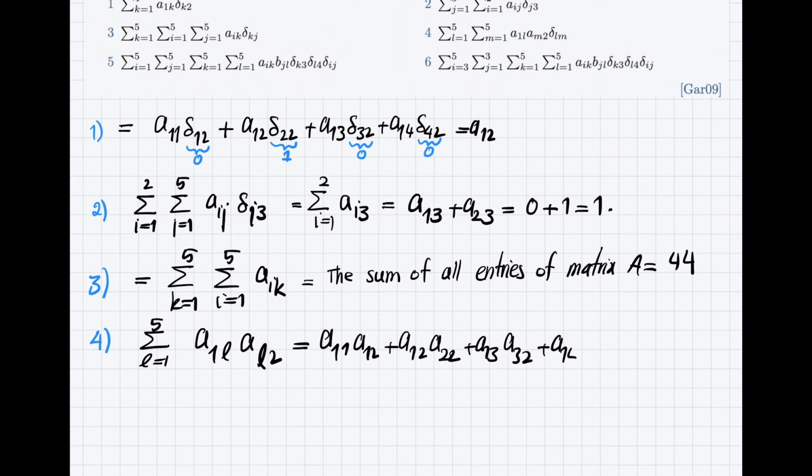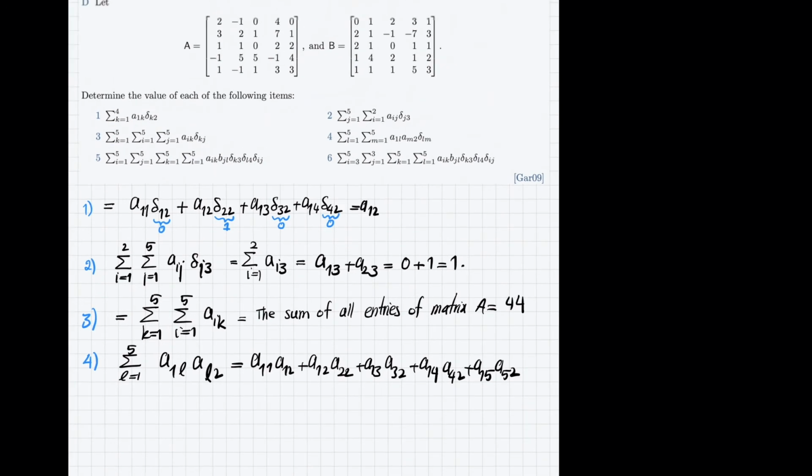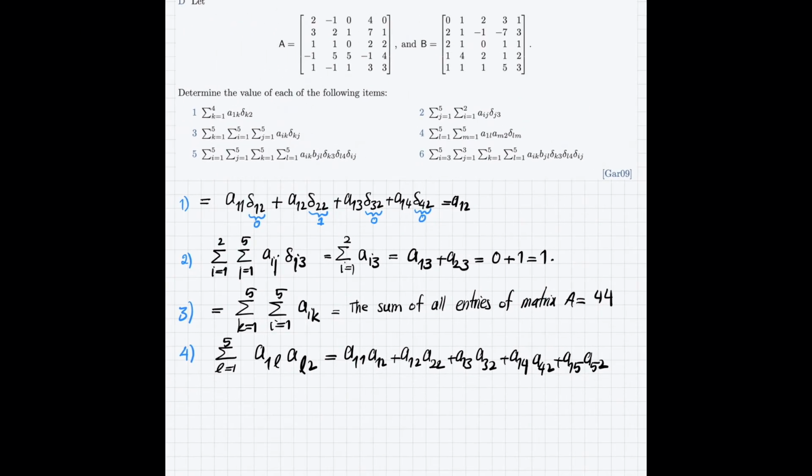And A14, A42, and A15, A52. Yes, so I am expanding this sigma. So L is 1, L is 2, L is 3, L is 4, and L is 5. And always I have 1, 2, 1, 2 everywhere. Okay, and then you can go and read these numbers from the matrix.